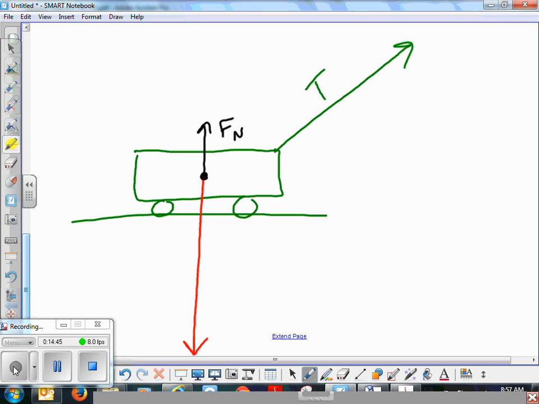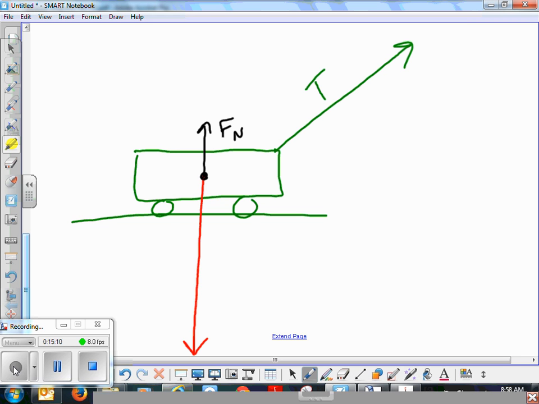But now there are other forces at play here. So, what do you think is helping the force normal in this case? Tension, very good. And what part of tension is helping, the x or the y part? The y part.